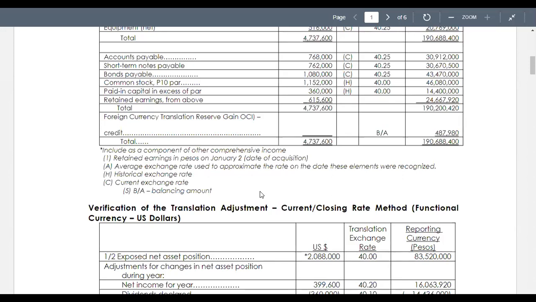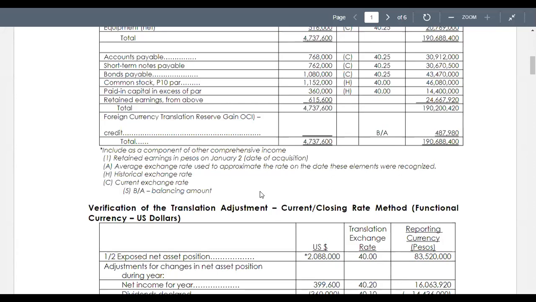So if we translate patents using 0.25, the rate in 20x3, and mark it H, the amortization expense on patents should also be translated using 0.25H. And the same with patents, 0.25H.